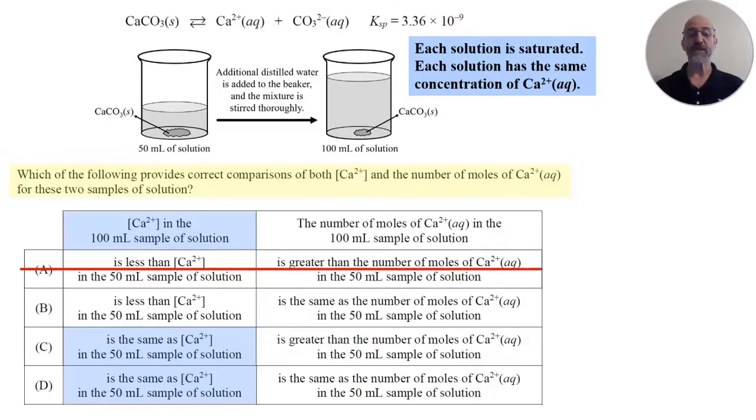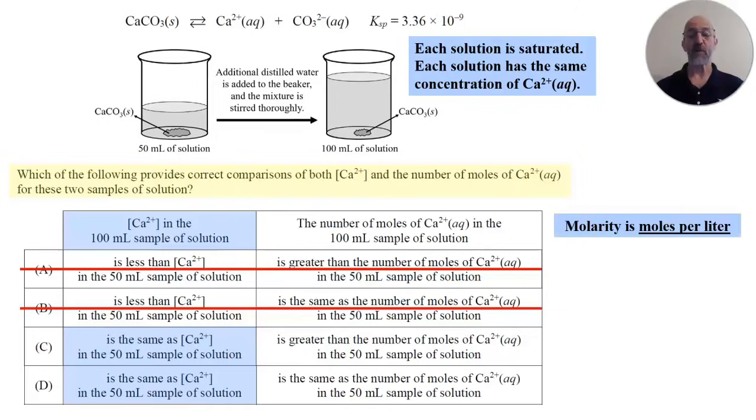So I'm going to eliminate choices A and B, and now we have to determine, is the correct answer C or D? Let's compare the number of moles of calcium ions in these two samples of solution. Now, as you know, molarity is moles per liter, and although we have the same concentration, which would be moles per liter, we have a different volume.